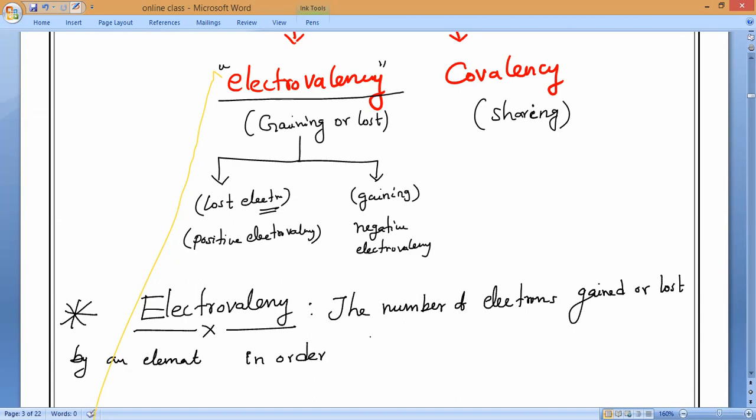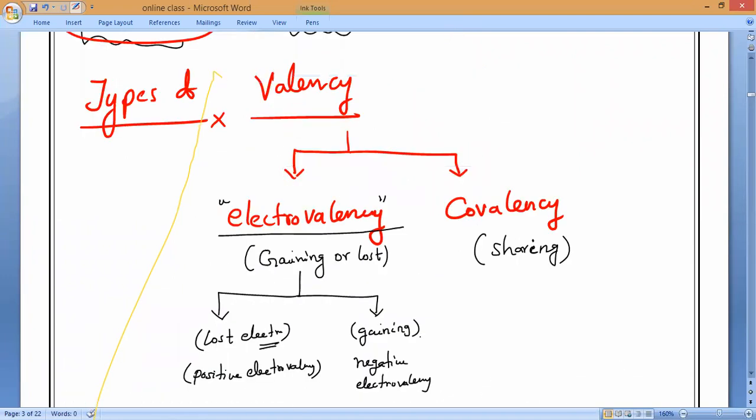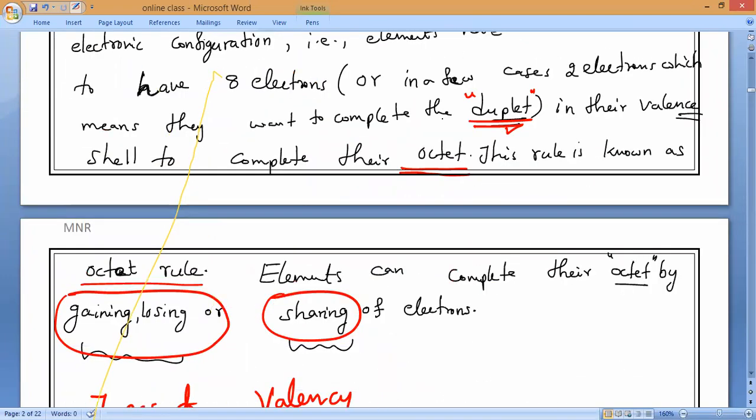Why are they gaining or losing? Only one reason: to become stable in nature. To become stable, they have to satisfy one rule. What is that rule? The octet rule. Or if only the K shell, which rule? The duplet rule.